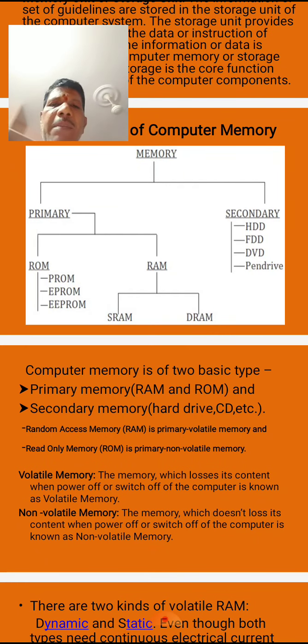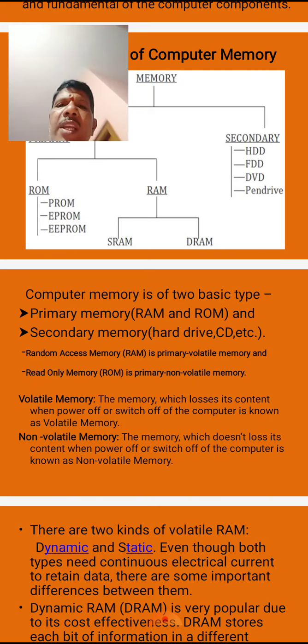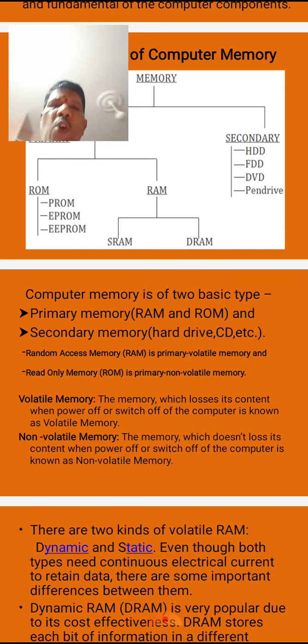Here RAM, which is random access memory or read and write memory, is a primary volatile memory, and read only memory ROM is a primary non-volatile memory. Volatile memory means the memory which loses its content when the power is off or the computer is switched off.